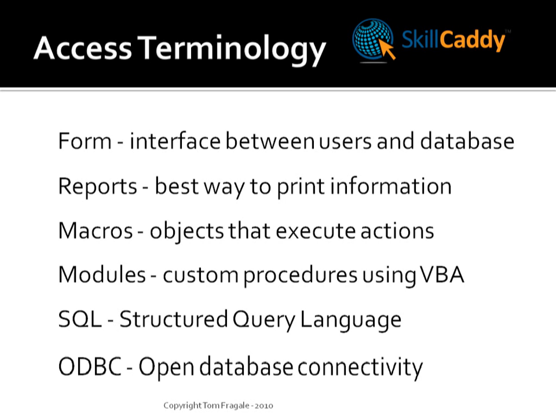So it can share data with other ODBC databases like SQL Server, Oracle, JD Edwards, SAP, MySQL, SAS, Mas90. All of those are ODBC databases, and they can share data with Access. So there's some basic terminology for you that you're going to use as you're discovering Access.